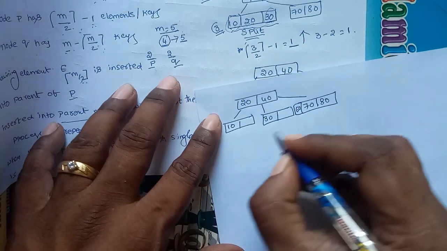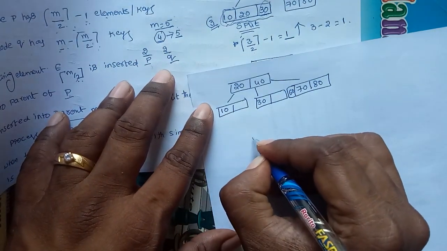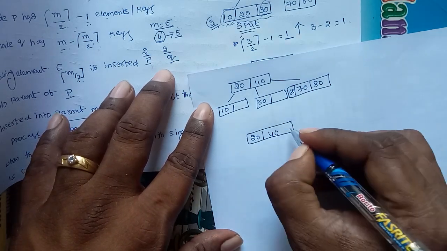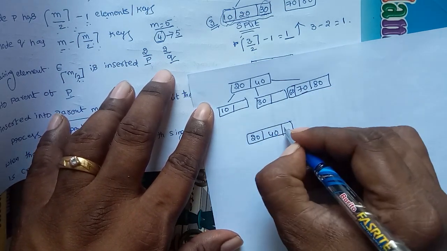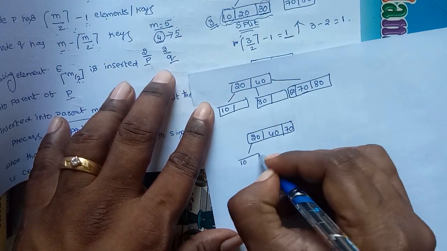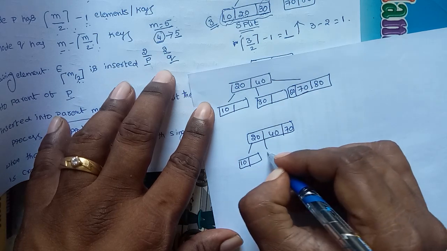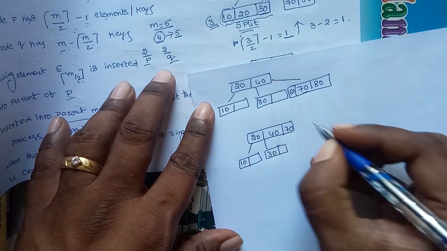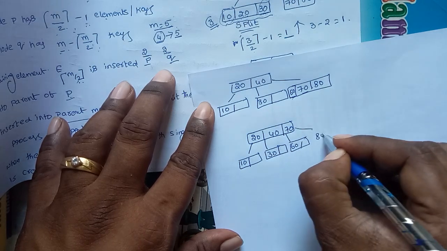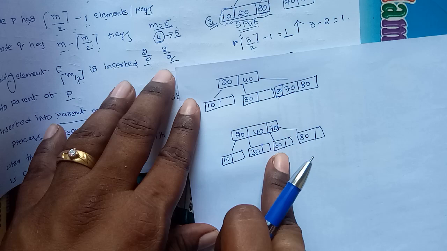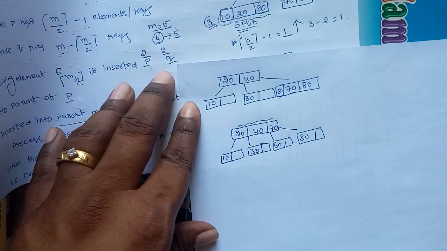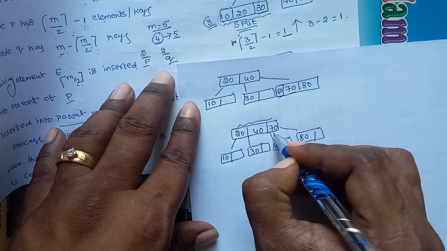Perform the split operation. After performing the split, the tree becomes 20, 40, and the middle element moves to the root. So 10, 30, and this part is 60, and this part is 80. But here it contains 3 keys, so here also it violates the property.